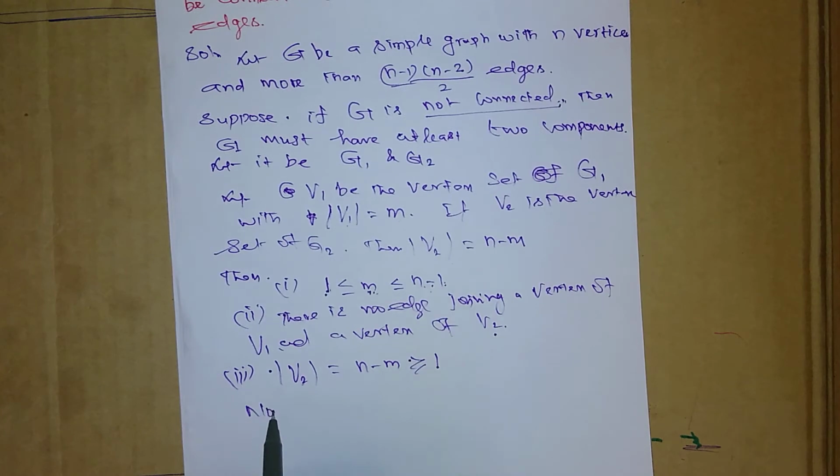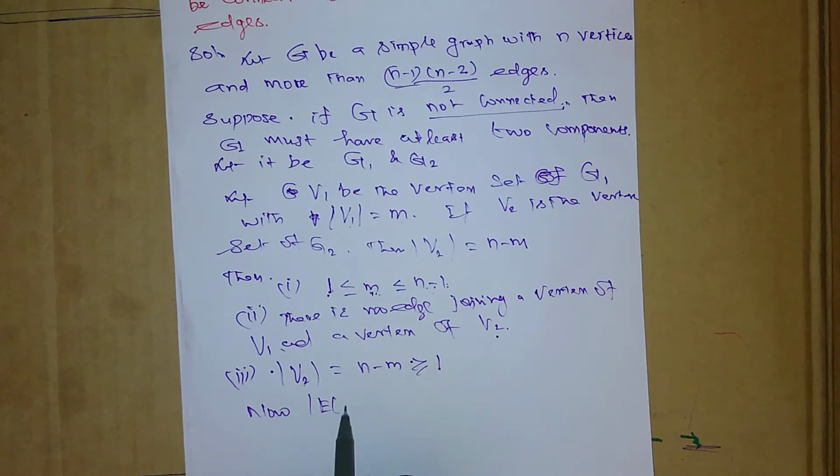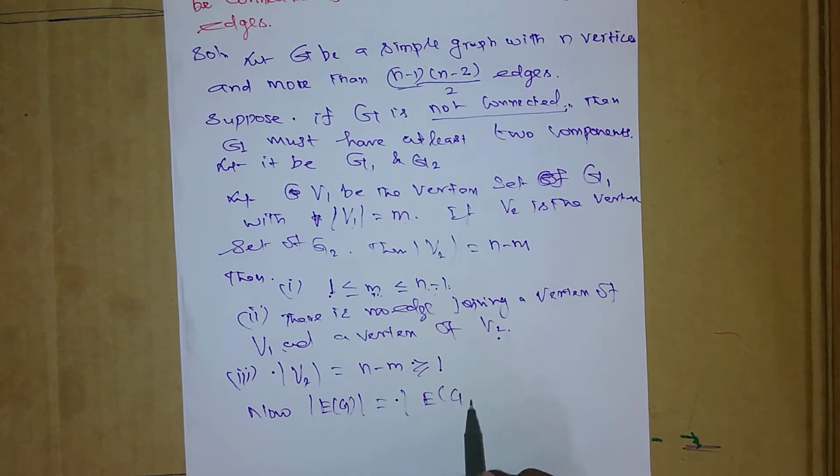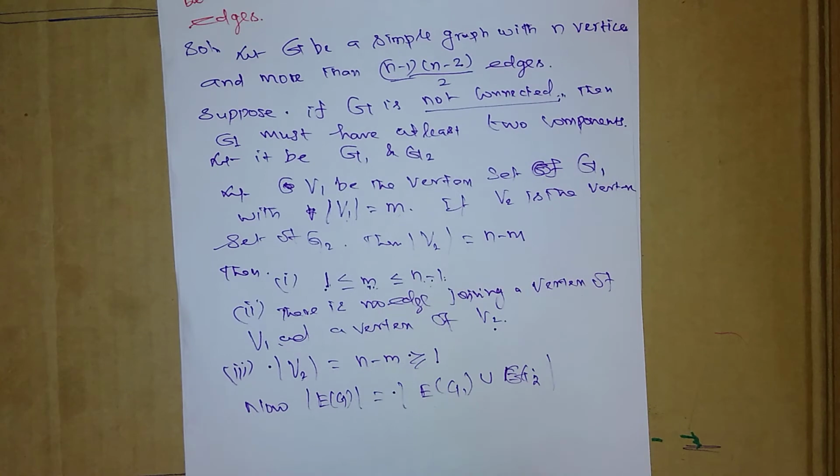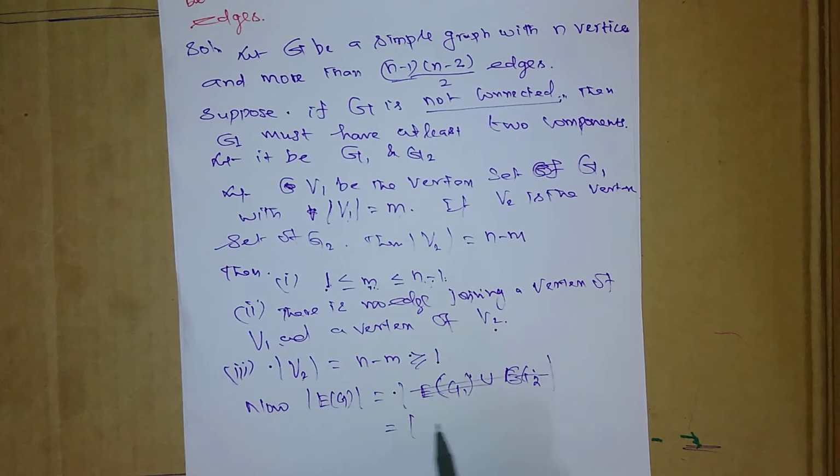Now, the cardinality or number of edges in G is equal to, we can split into the edges of G1 union the edges of G2.